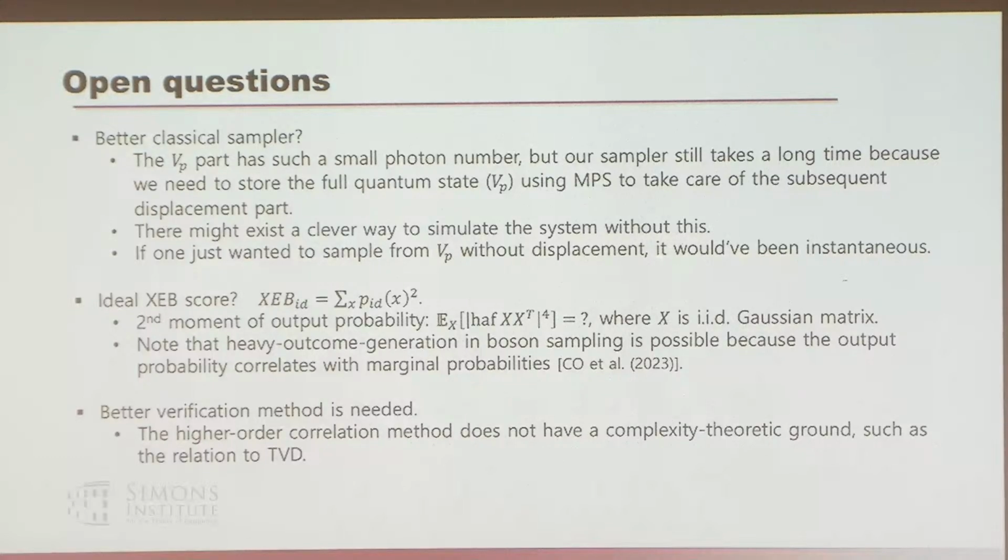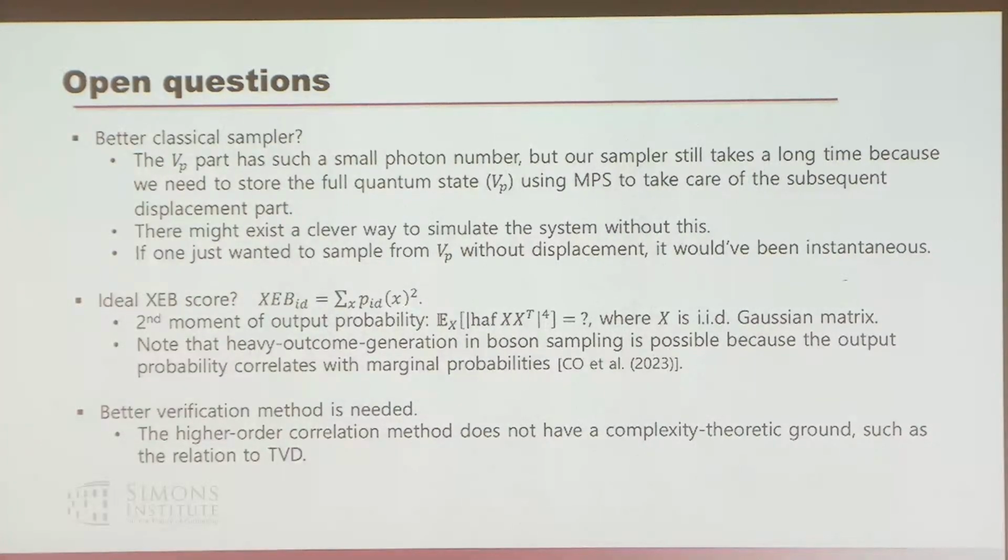So I personally believe that there is a much more clever way than this matrix product state, but we couldn't come up with a better idea than using this tensor network. So I believe that there must be a better classical algorithm. And another open question is about verification. One is about this XEB in the Gaussian boson sampling case.